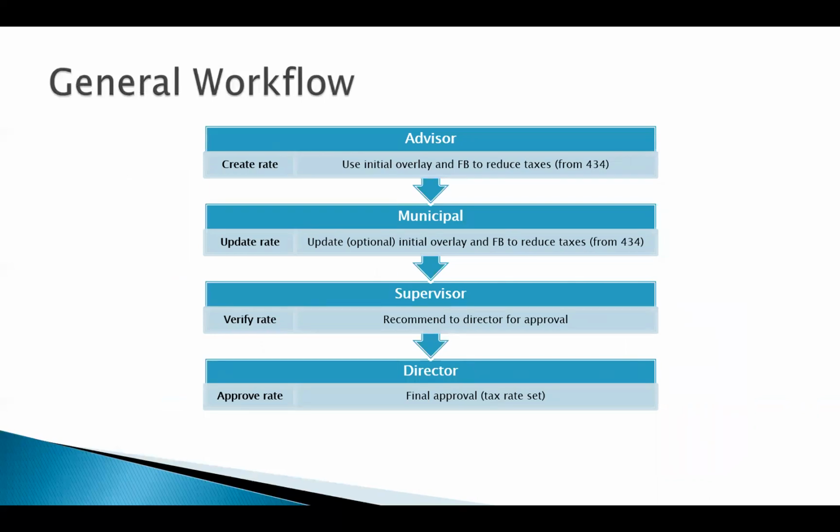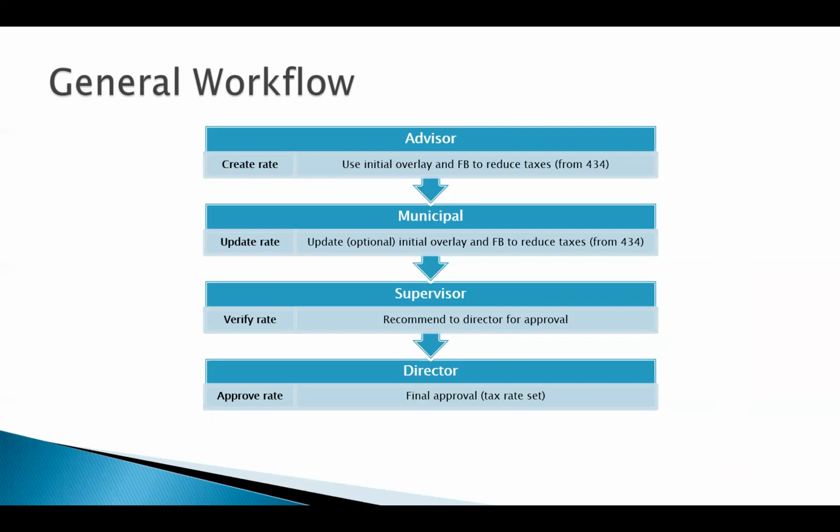So this is the general workflow of generating a tax rate. So your advisor will create the initial rate, and that will use the initial overlay and fund balance to reduce taxes that you reported on your MS-434. Remember, that's your revised revenue estimates.